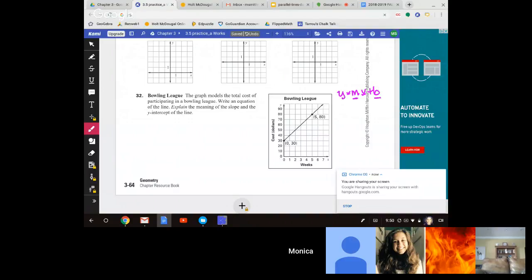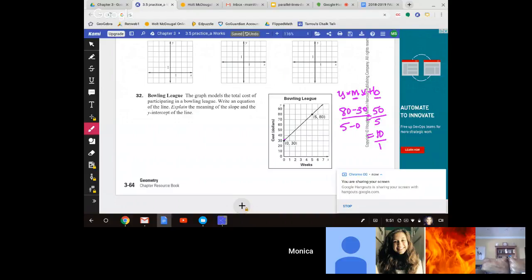You have your 2 points here, so your slope would be y2 minus y1, so 80 minus 30 over x2 minus x1, so 5 minus 0. So that would be 50 over 5, which equals 10 over 1, okay? So your slope is 10 over 1.